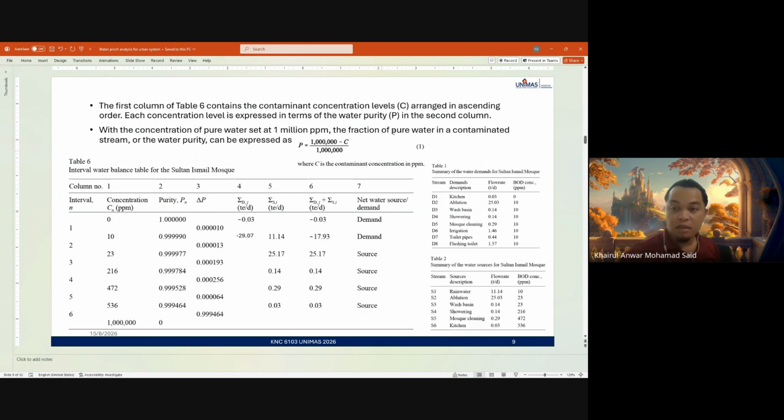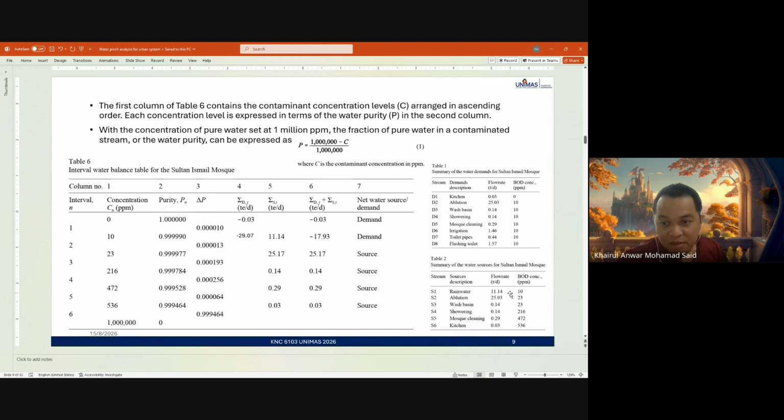Okay, negative 0.03 only for the 0 ppm. For 10, you need to add up all of these, from 25.03, 22, until the 8. Next is to identify the summation S for the source. This one is from table 2.